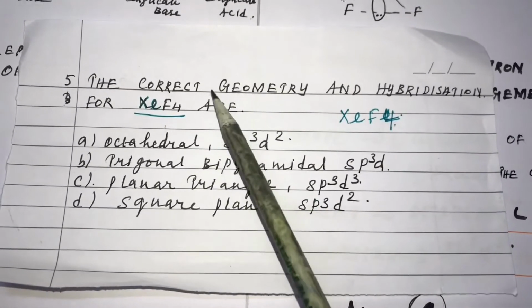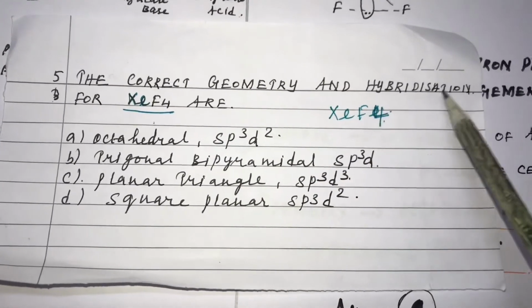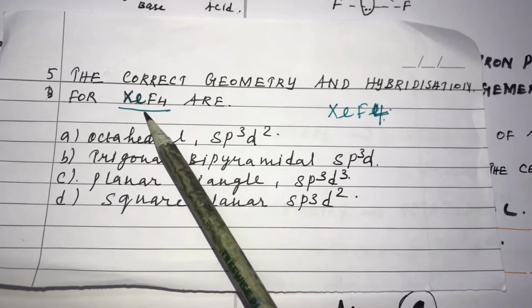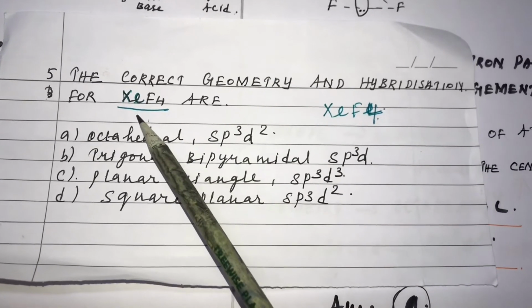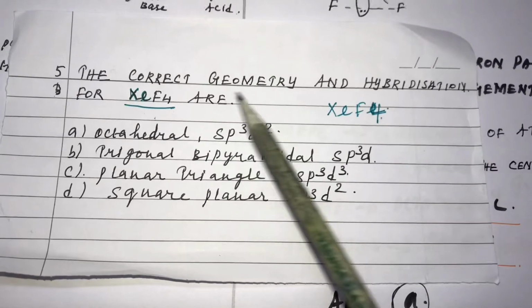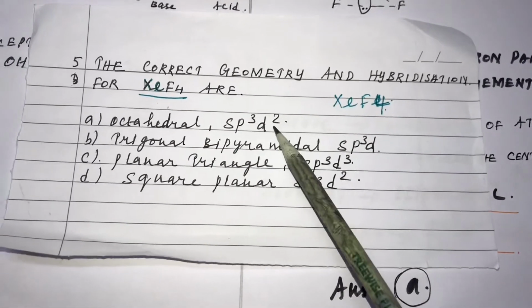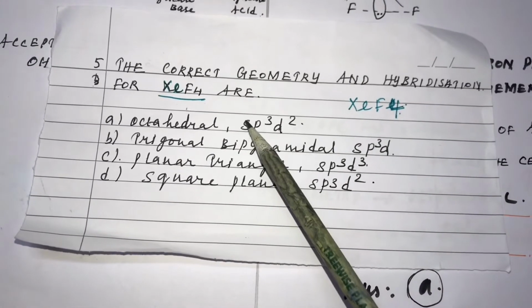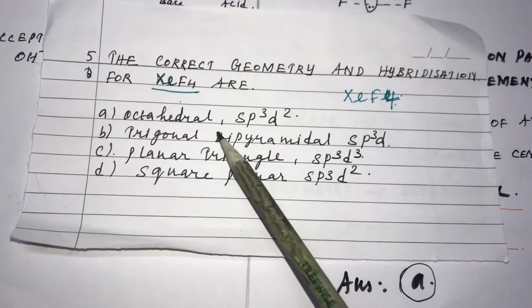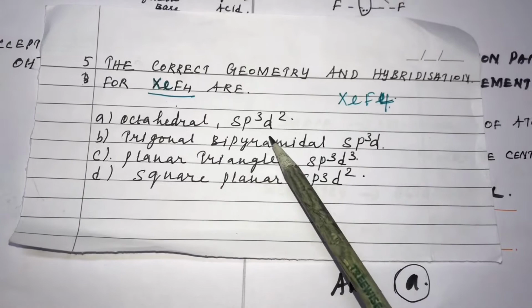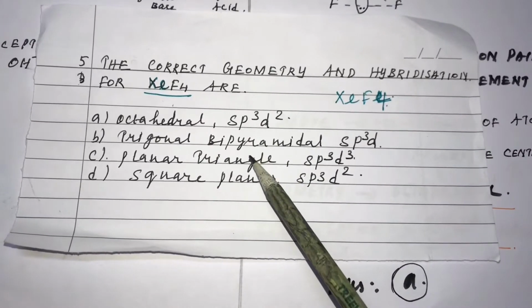Next question: what are the correct geometry and hybridization for XeF4, xenon tetrafluoride? There are 4 options given with different geometry and hybridization. We have to find the correct one.